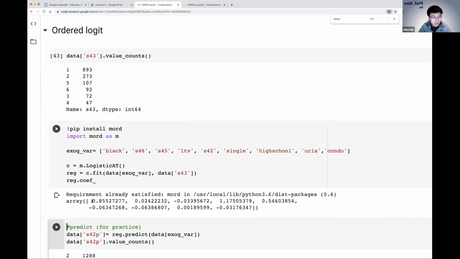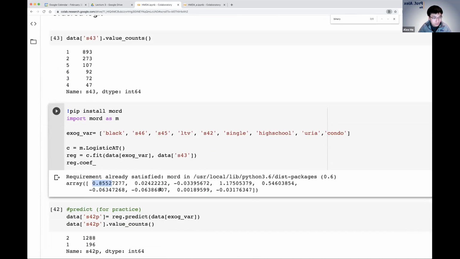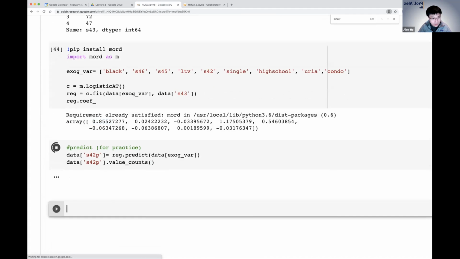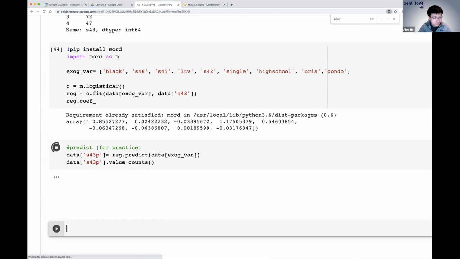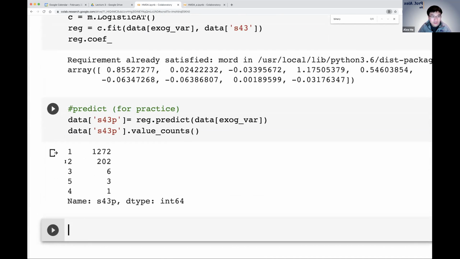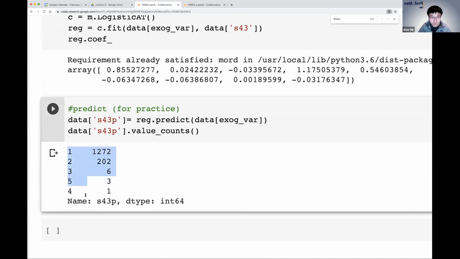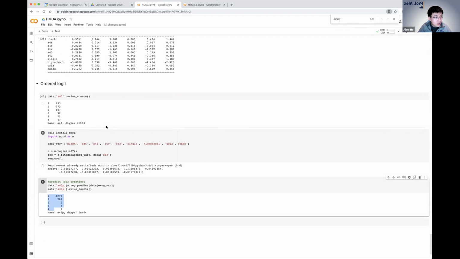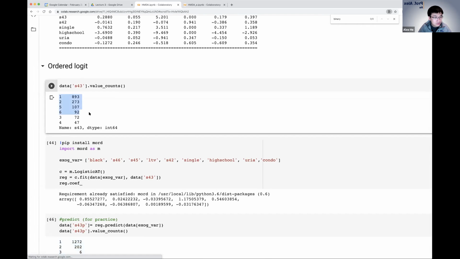And again, black has a positive coefficient. And if you look at that prediction, you can see that you have 1, 2, 3, 4, 5 all in here, but you're missing the 6, okay?